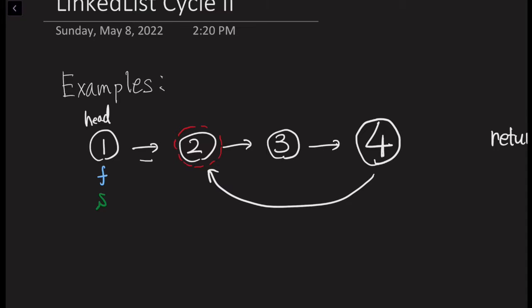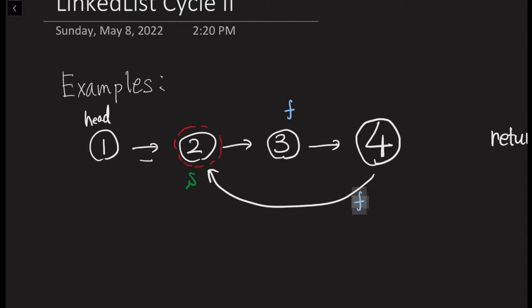Why we do that is if there's no cycle, then the fast pointer will eventually reach null at the end of the list. If there's a cycle, they will eventually meet. So the fast pointer moves by 2, and the slow pointer moves by 1.